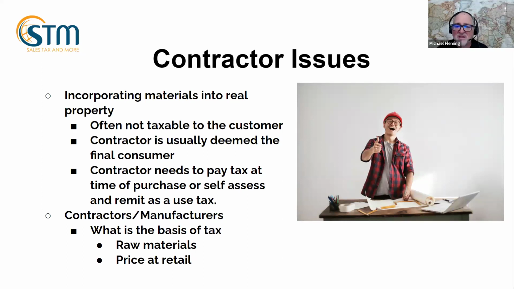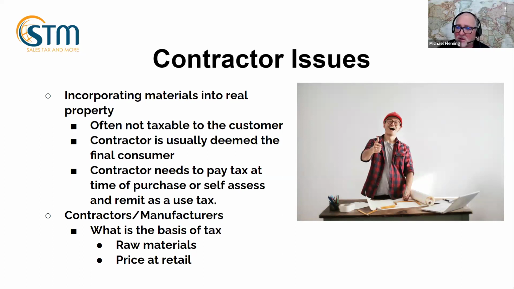Maybe it's the raw materials that you're using to create this tangible personal property that you are then going to install into a real property. Maybe you're a retailer and you're selling these items at retail and not doing installations sometimes, so maybe you're going to use the price that this would normally sell at retail.